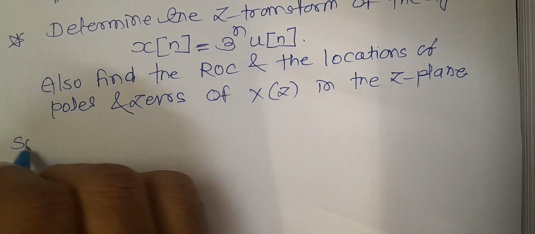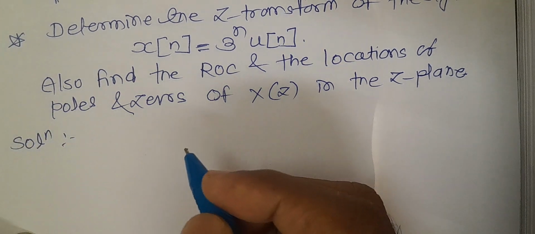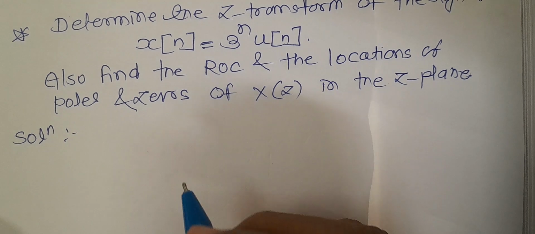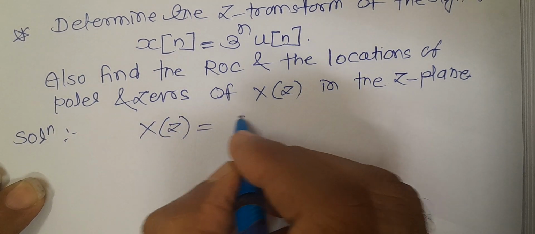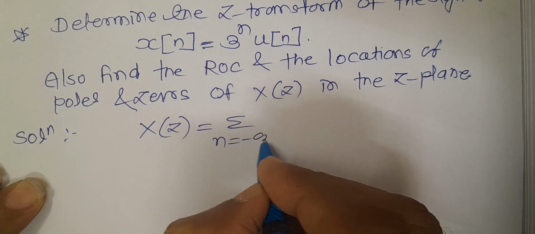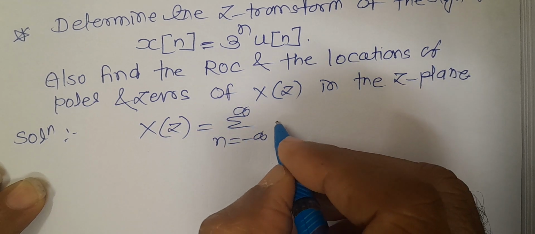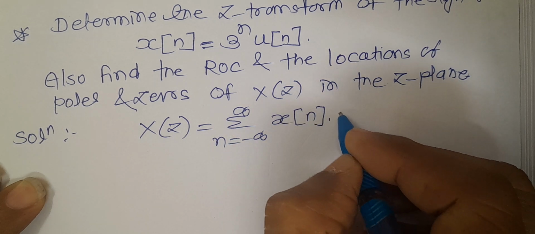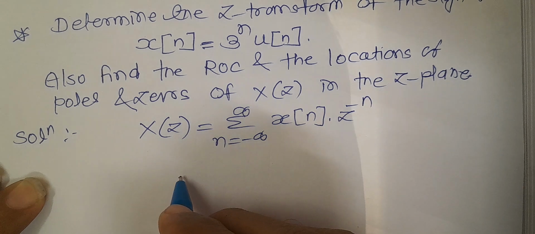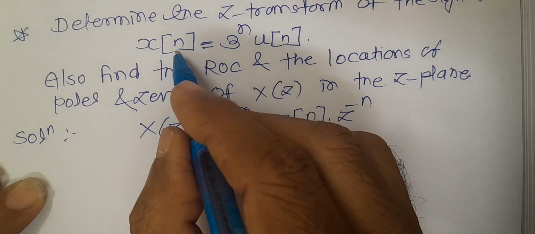So the solution is, we have to find x of z is equal to summation n equal to minus infinity to infinity x of n into z raised to power minus n. So put the value of x of n from this.